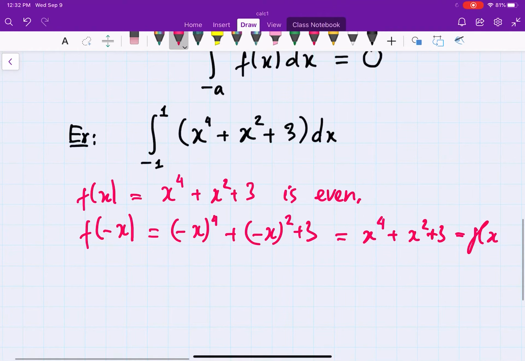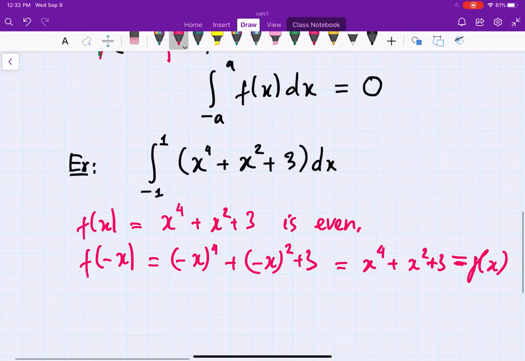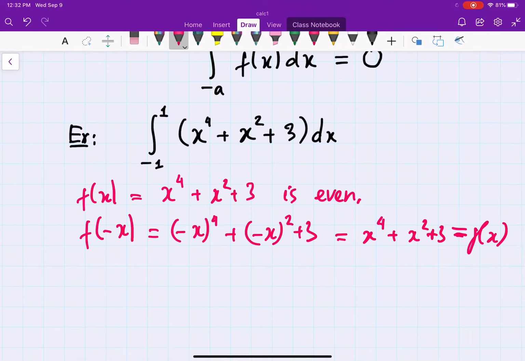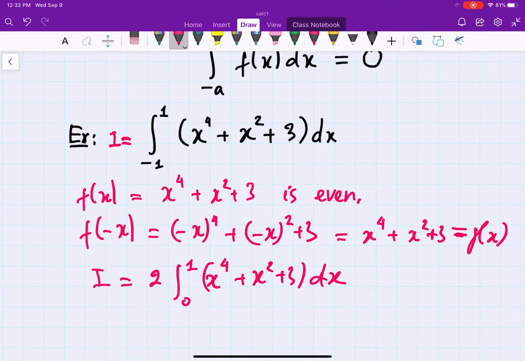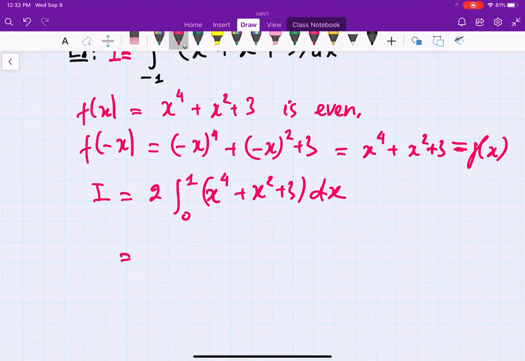That's f of x. And the interval -1 to 1 is symmetric. So our integral is just equal to 2 times the integral from 0 to 1 of x to the 4 plus x squared plus 3 dx, right? And let's find the antiderivative of this.